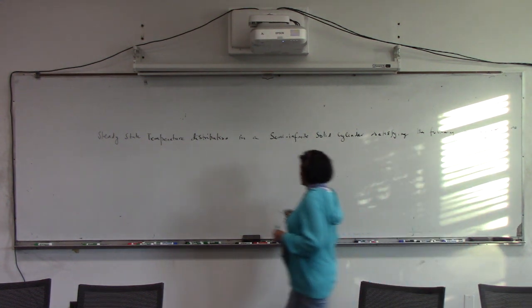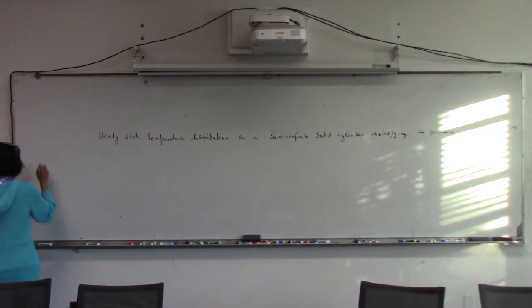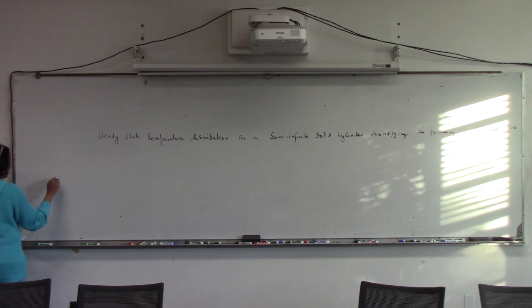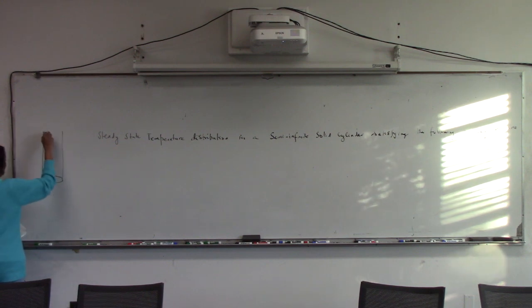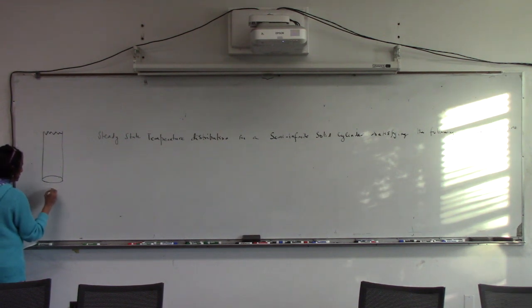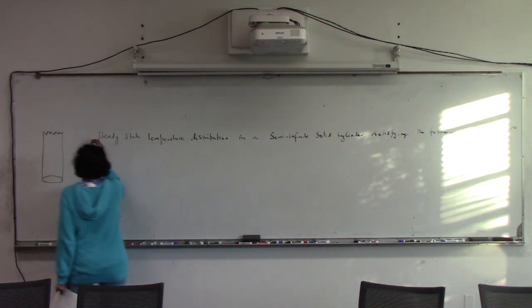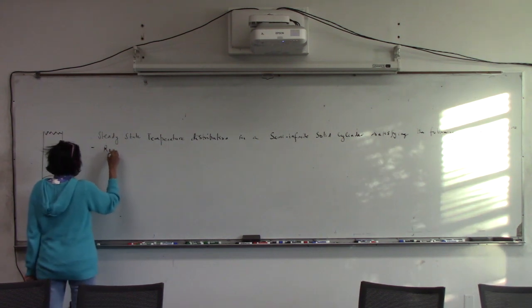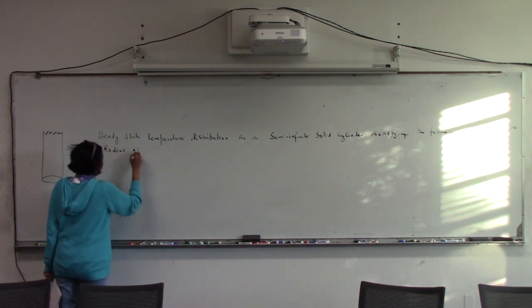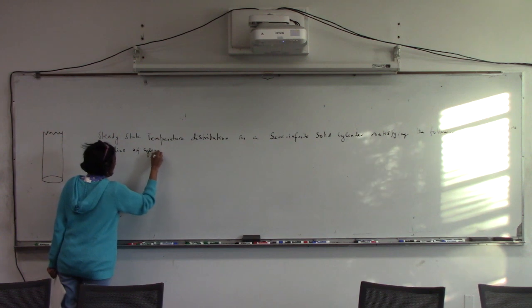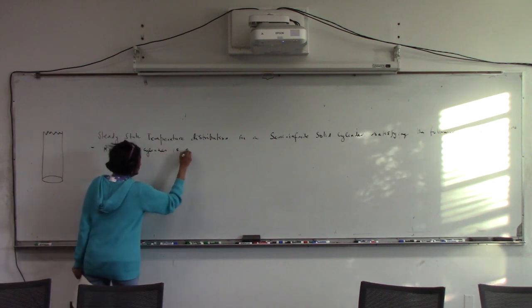So what we have is a semi-infinite solid cylinder. Okay, of dimension. Let's say the radius of the cylinder is A. All right.